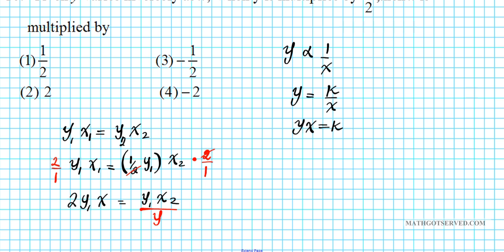Divide both sides by y1. That divides out, and that divides out also. This is x1. Our answer is the new x2 is going to be 2x1. So what is this telling us? If you multiply y1 by 1/2 to maintain that inverse variation, you have to multiply x1 by 2. So our answer is option number 2.